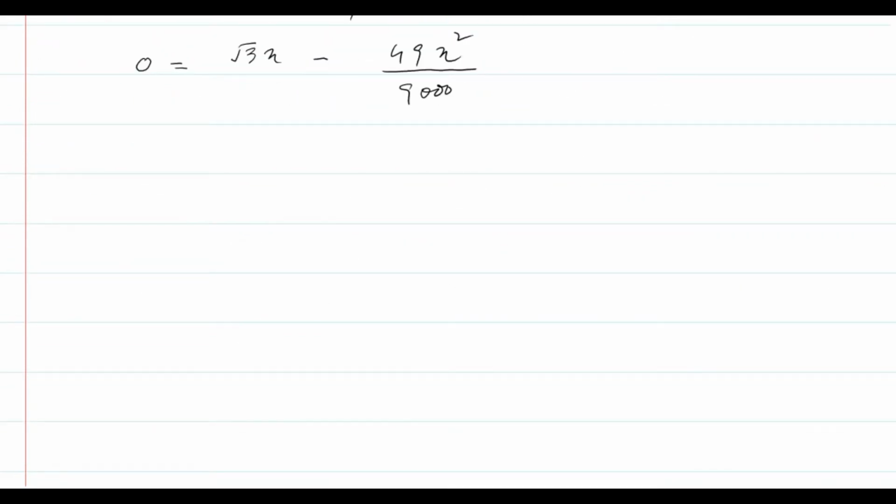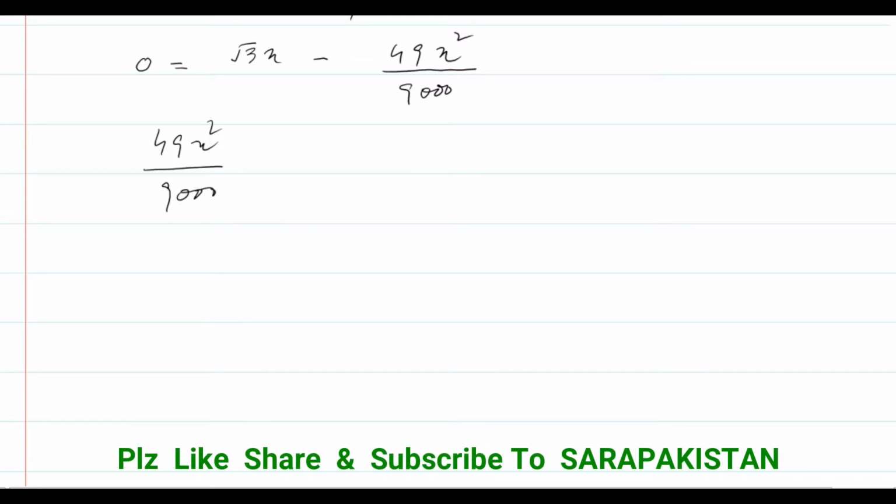You can rewrite it as 49 x square over 9000 minus under root 3 times x equal to 0.